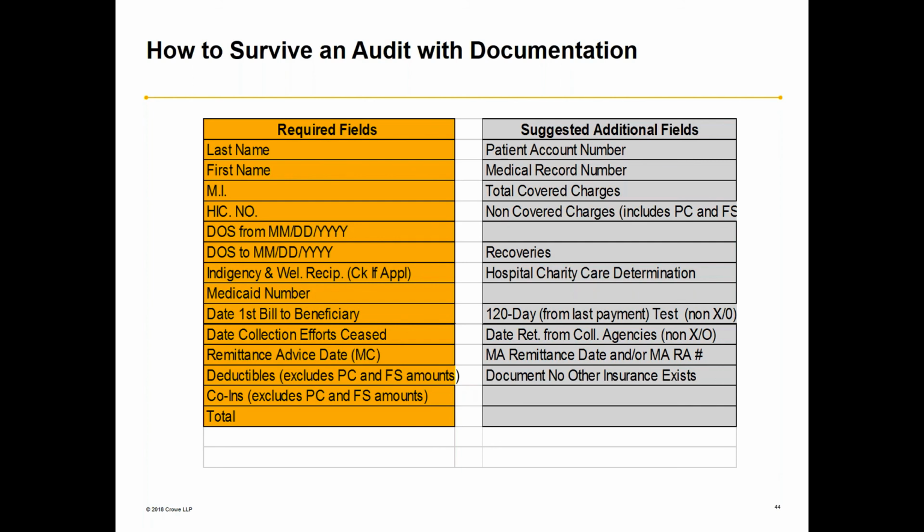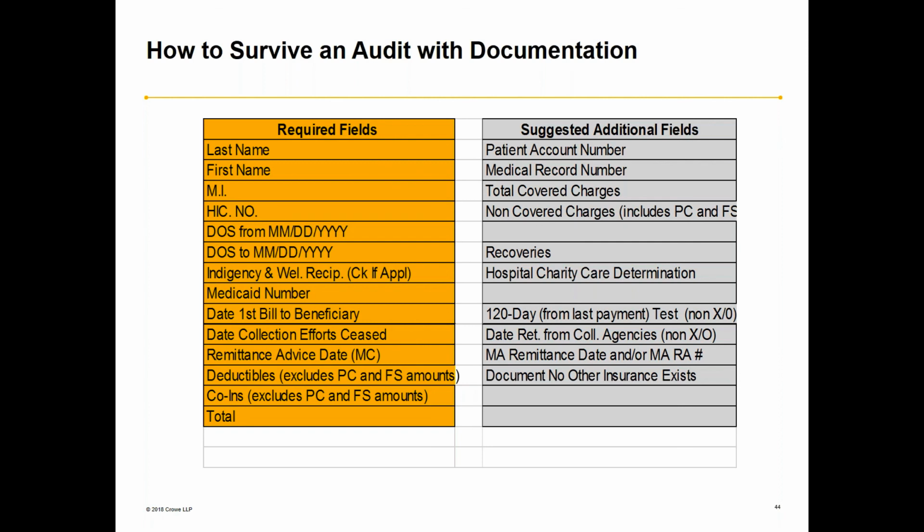The other side of this is suggested additional fields that we've seen as we've seen clients go through audits. These are some of those things that made it a little bit easier, if these were in the logs, to identify information that the auditors were questioning. This let you more easily recover that documentation and make sure that the things that need to be done were done.